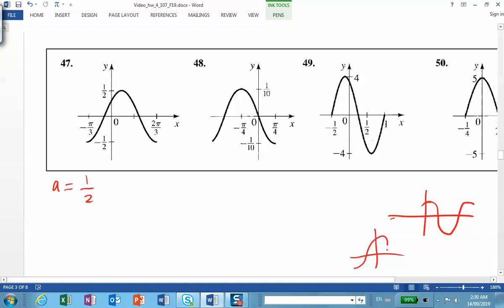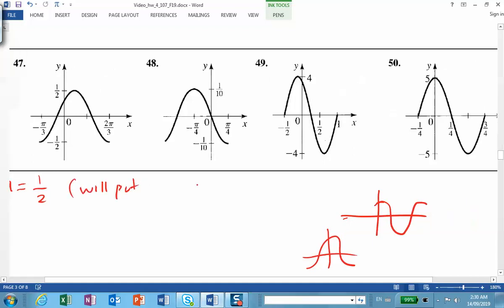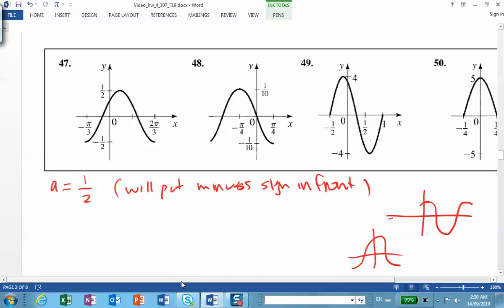Okay? So I will put a minus sign in front of that later at the end. Okay? Alright, so let's see. What else do we have here?